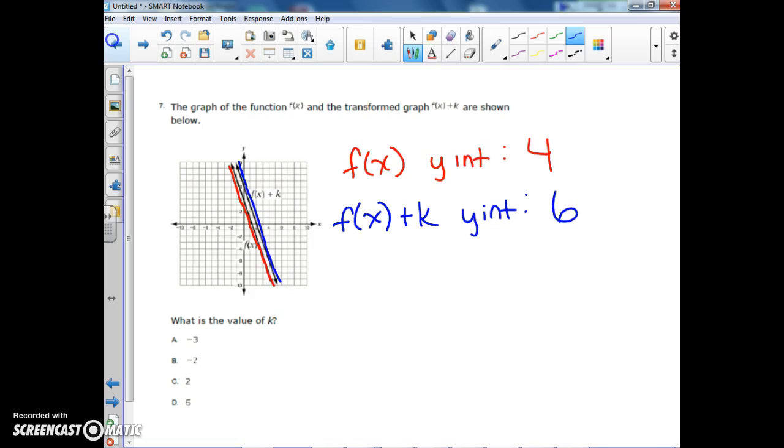Now all we have to do is subtract the units to find out how far the graph moved. So 6 minus 4 equals 2. The graph has been moved up 2 units. So what is the value of k? K is 2.